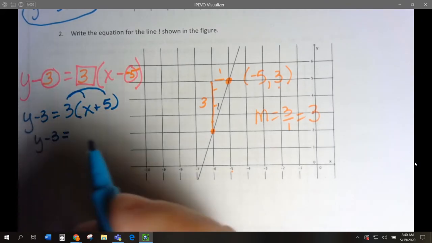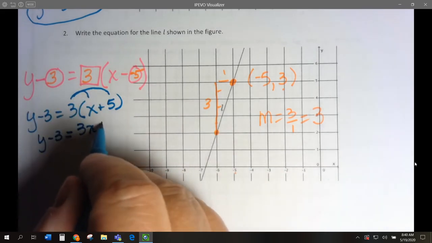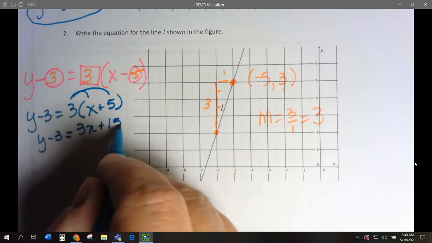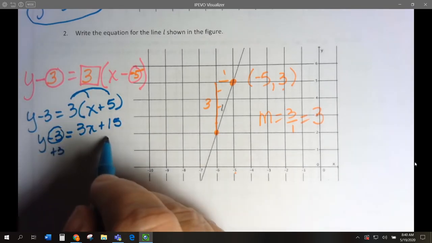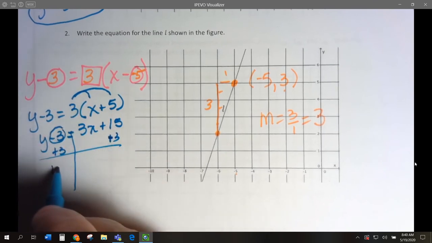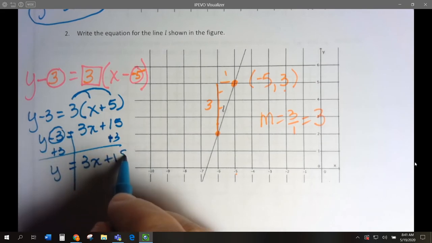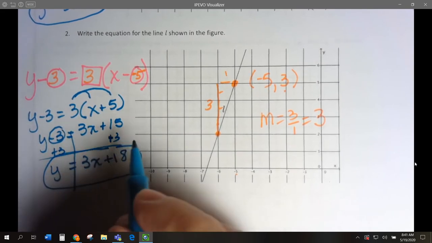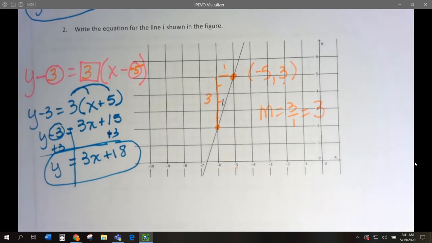Y minus 3 equals 3x plus 15. We've got to take this -3 to the other side. So we're going to add 3 to both sides. And y is going to equal 3x plus 18. Let's go on to problem number 3.